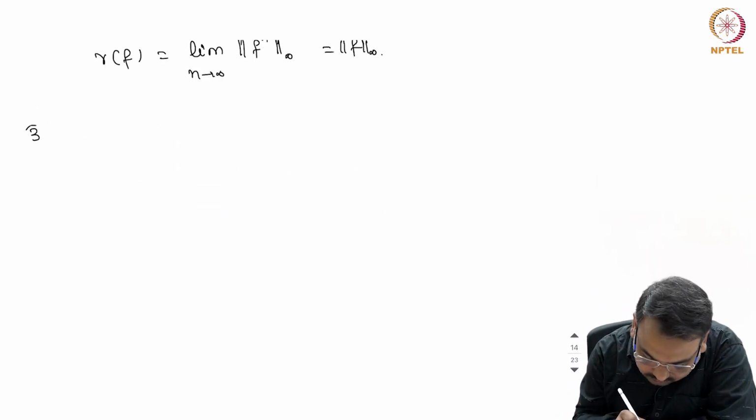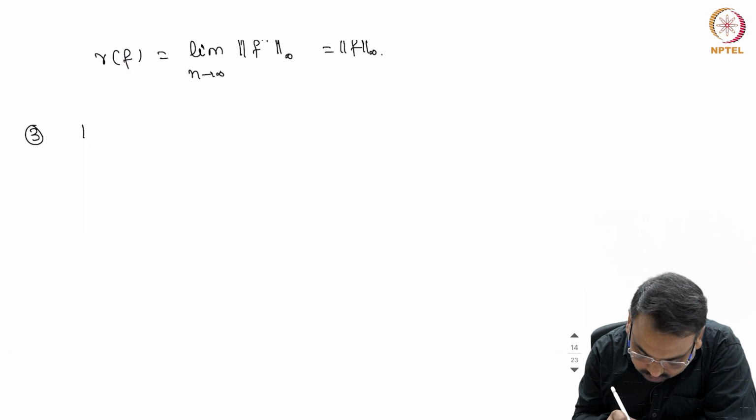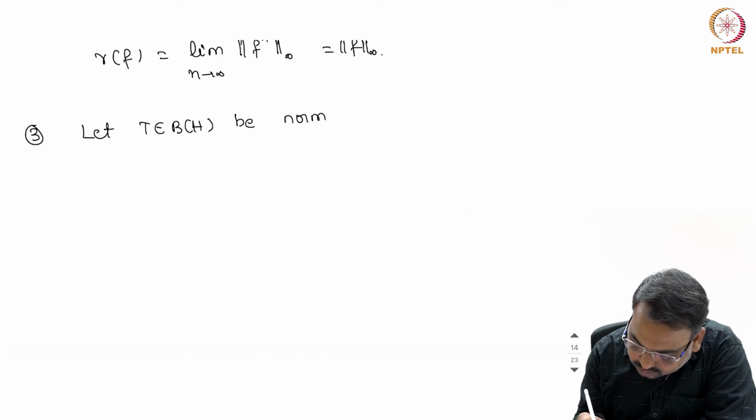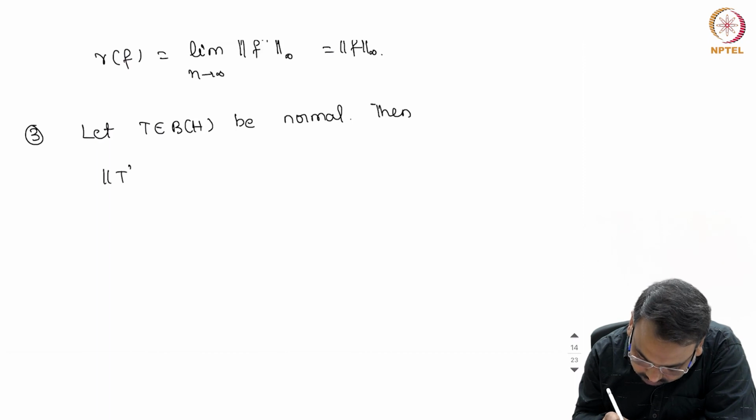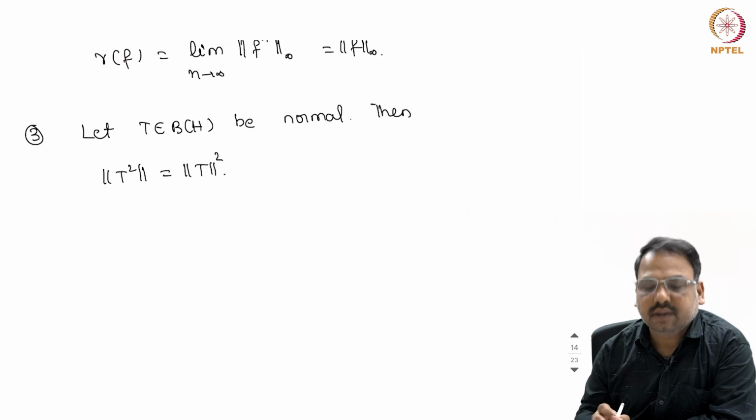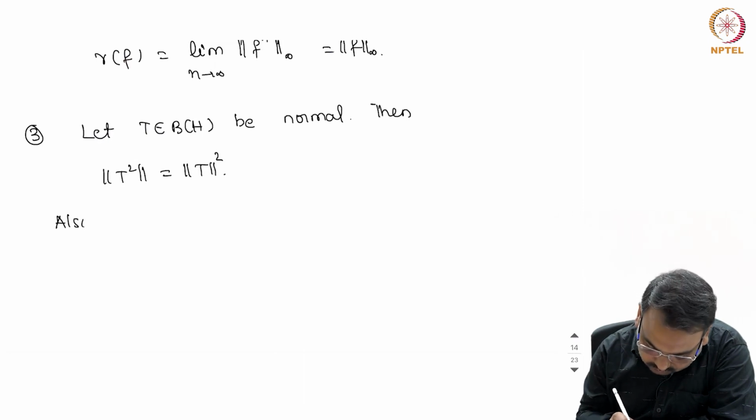So let us look at one more example. Let T be a normal operator. Then we know that norm of T^2 is norm T whole squared. Also T^2 is normal.